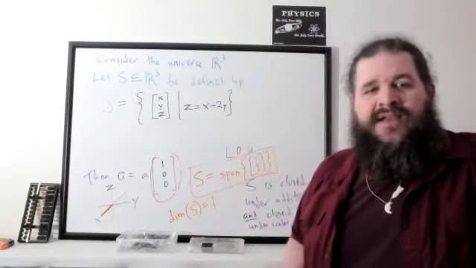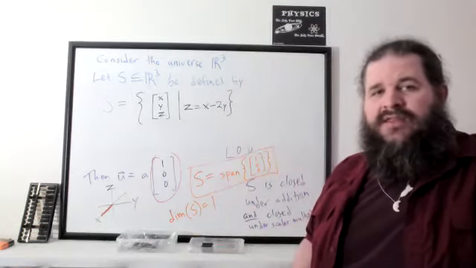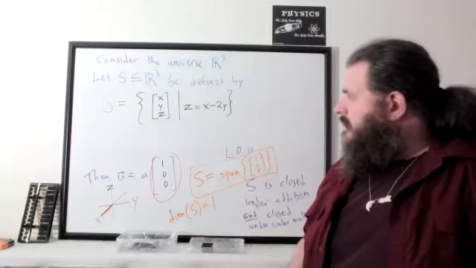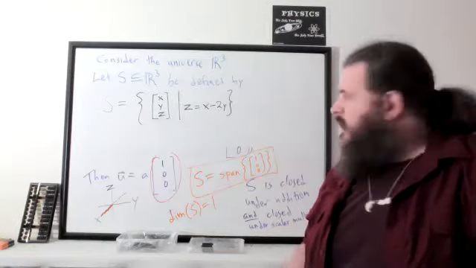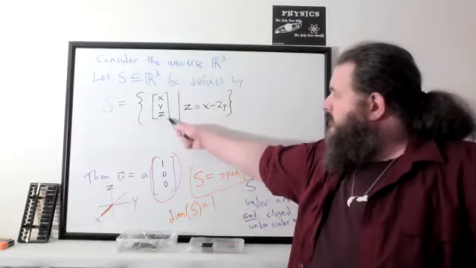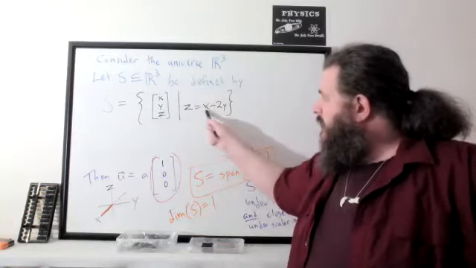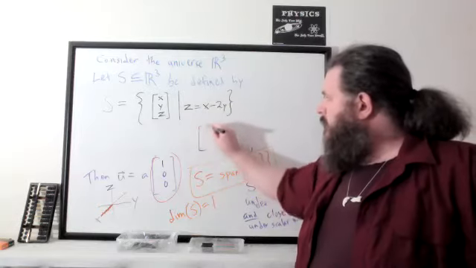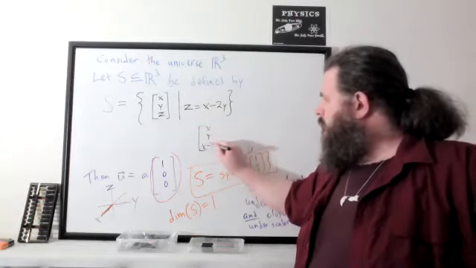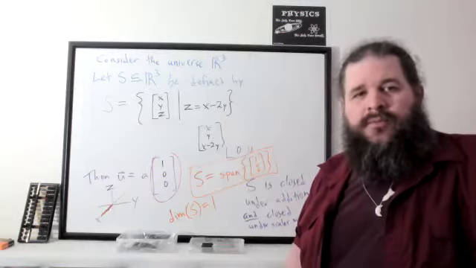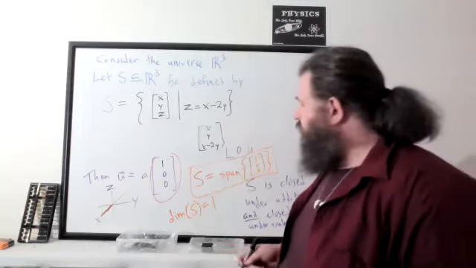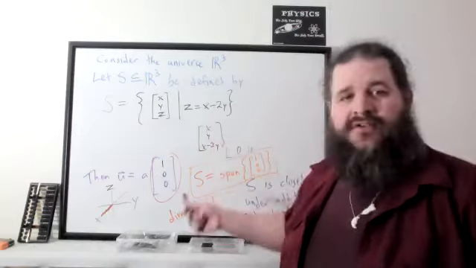We would go through the exact same sort of procedure for proving that S is closed under addition and closed under scalar multiplication. It might be convenient to rewrite X, Y, Z as X, Y, X minus 2Y. So for instance, in order to prove that this is closed under addition, you'd write out two examples of vectors like this.